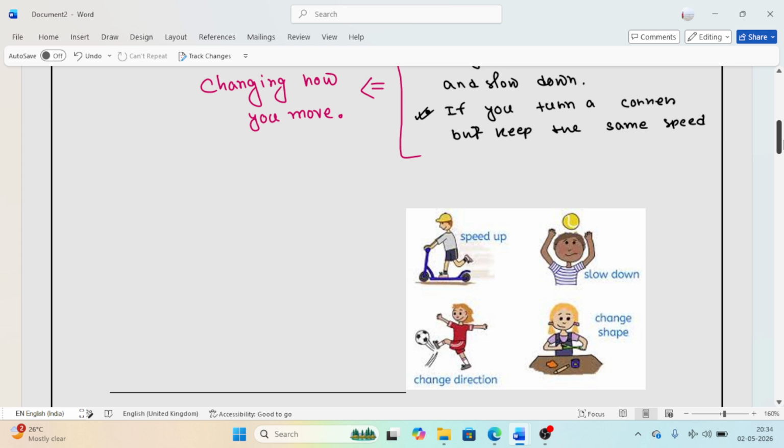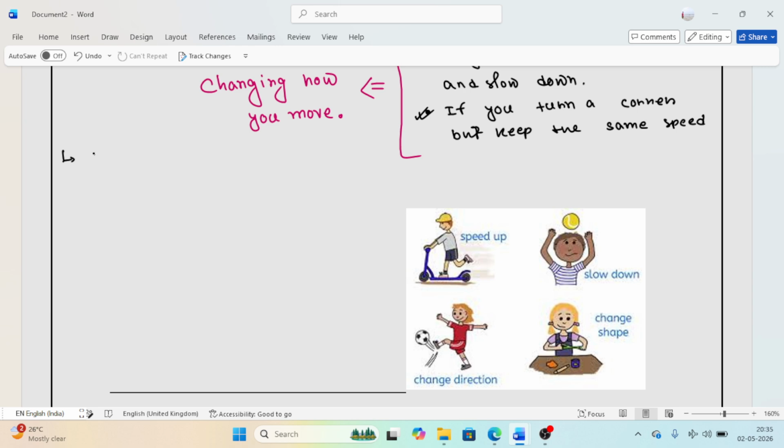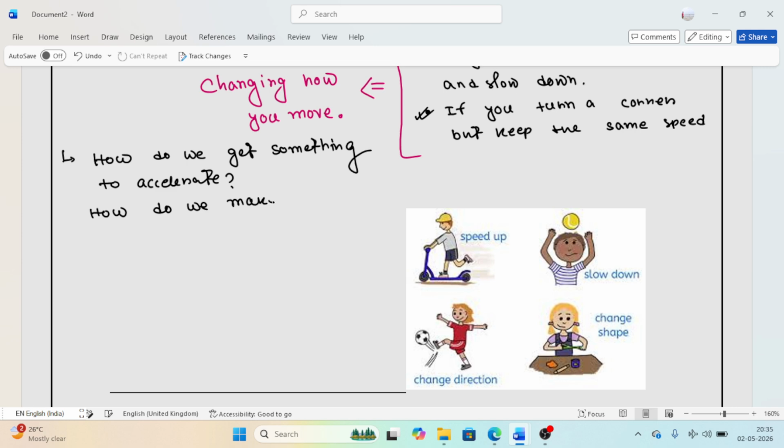Now, another question comes here: how do we get something to accelerate? Or you can also say, how do we make a resting object move?